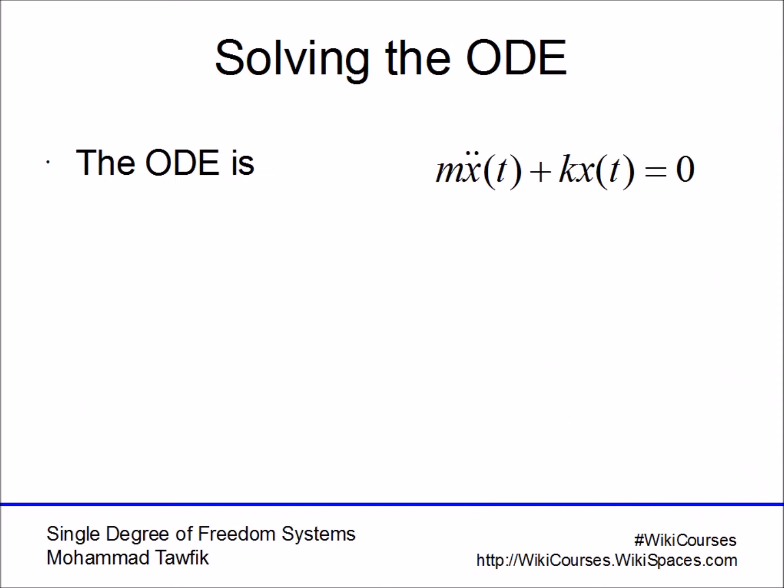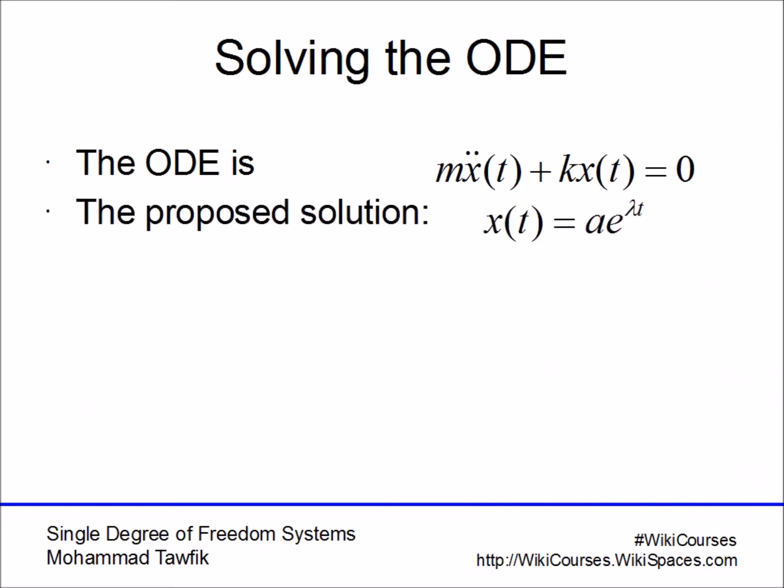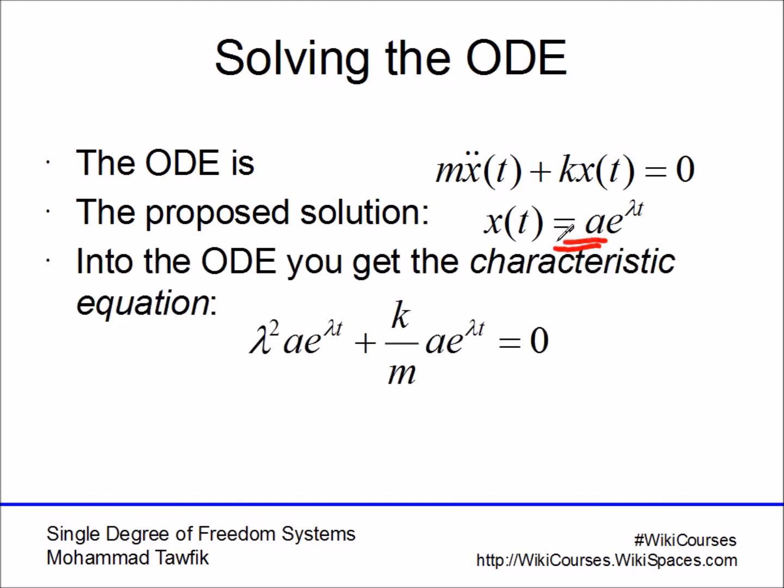Now when we get to the solution, we start with the differential equation, mass times acceleration plus stiffness times displacement equals 0. The linear equation of this type has the general solution of a constant multiplied by an exponential. The general solution will be a constant A multiplied by e to the power lambda t, where lambda is some variable we don't know.